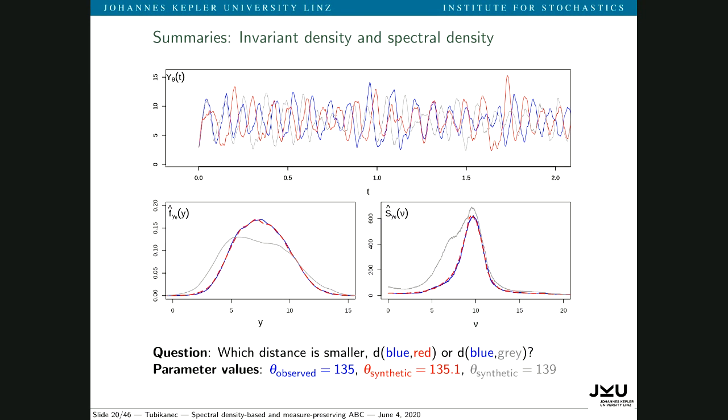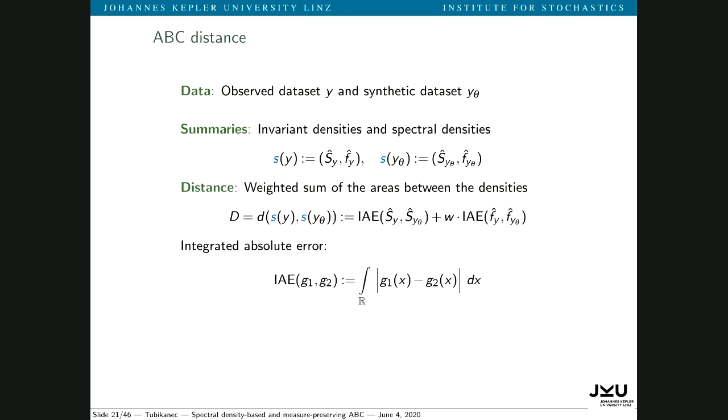Let me now recap this a bit and mention a few words about the final distance that we used within the ABC algorithm. Again, we have an observed data set Y and a synthetic data set Y theta. As a summary, we calculate both the density and the spectral density of Y and of Y theta.